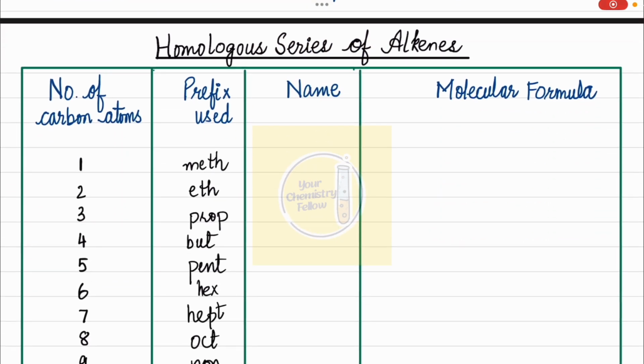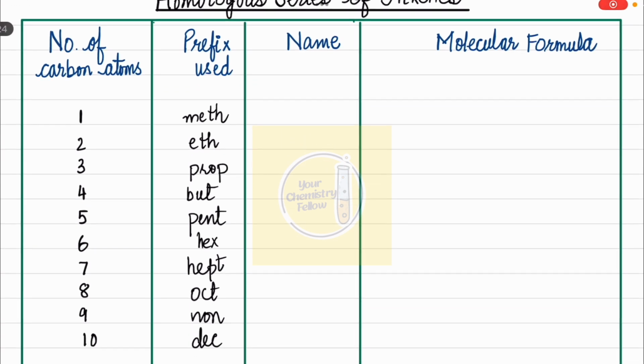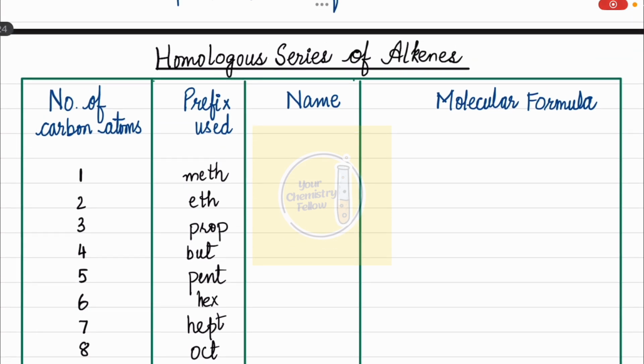Now, homologous series of alkenes. Like all other organic compounds, alkenes also form a homologous series of compounds. In this table, we will discuss the first 10 members of the alkenes homologous series, their names and their molecular formulas. The first member of the alkenes homologous series is ethene, not methane.